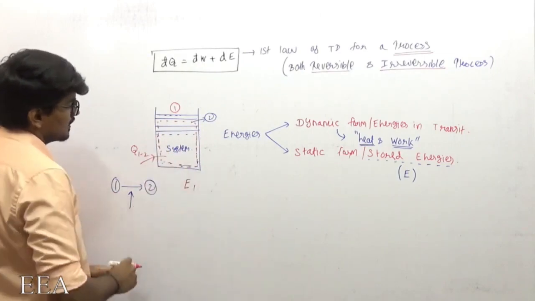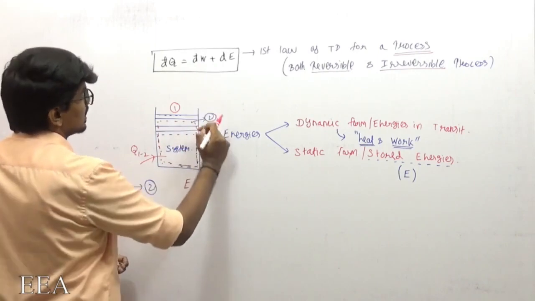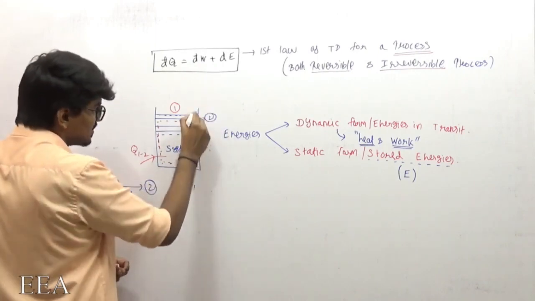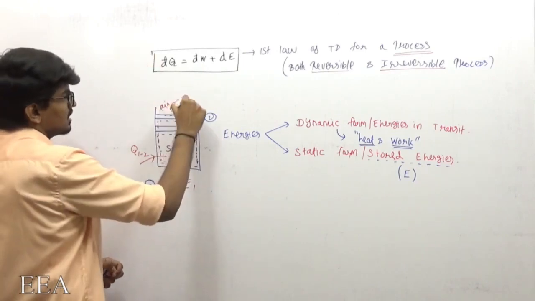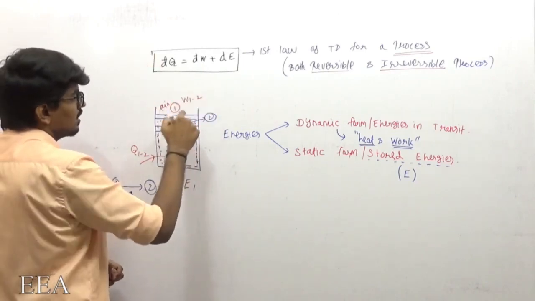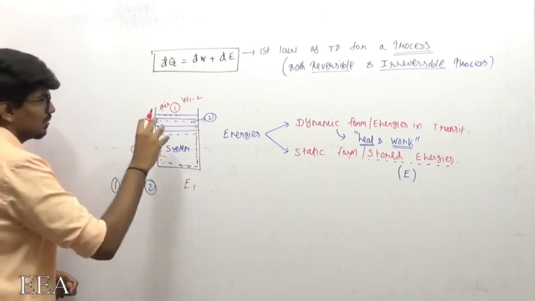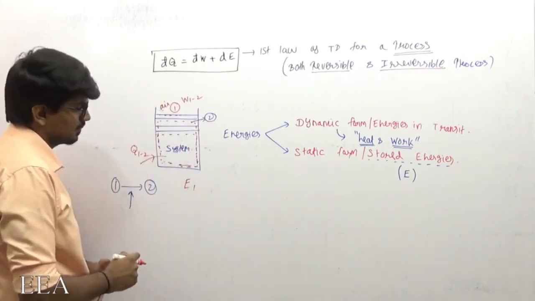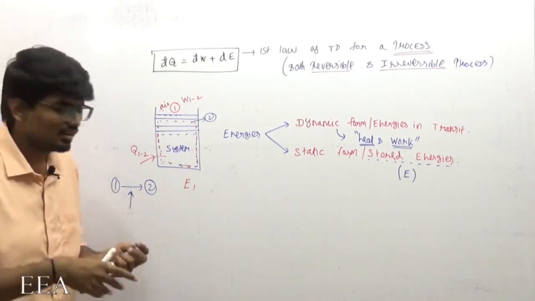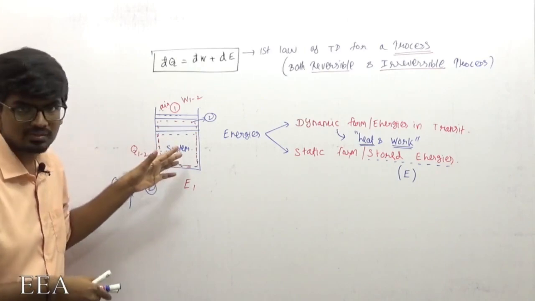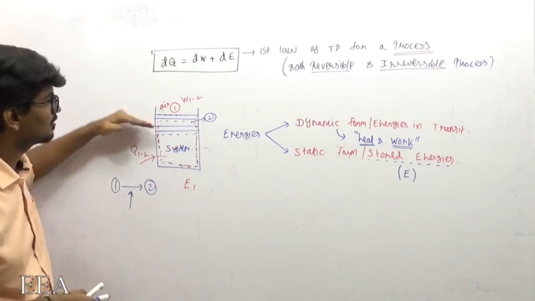So when I'm supplying some heat, what is going to happen? The piston is moving up, which means the piston is displacing the air upward, which is nothing but some work. Some work is done by the system on the air. Now listen, I am supplying this much amount of energy into it, and the outcome is this lifting work.